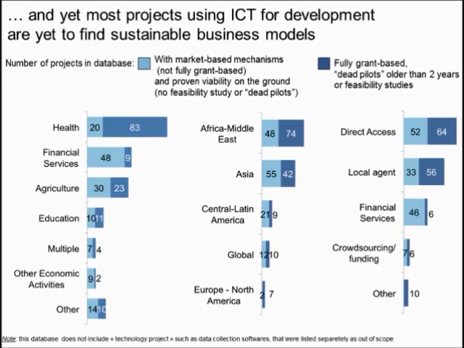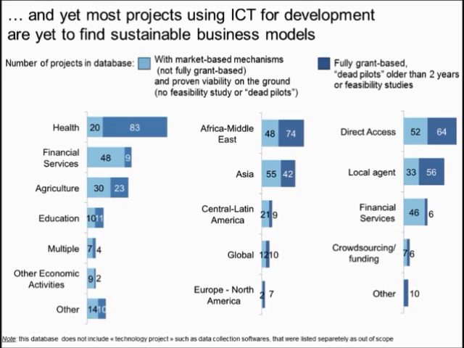If you look at the business models, you can see that the direct access model has about 52 out of the 116 projects which are really market-based. In a local agent, that's less the case. There is a lower percentage of projects which is market-based.